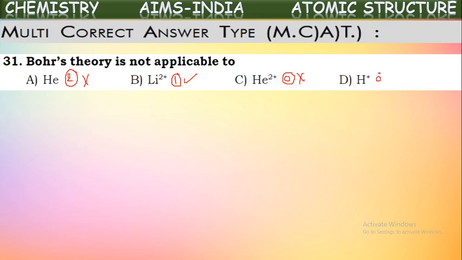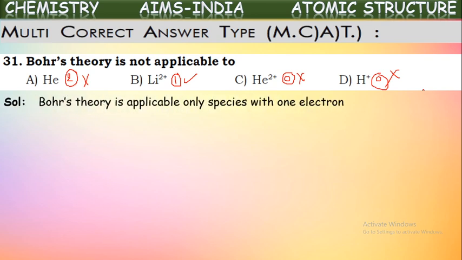It also has 0 electrons. So for this also Bohr's theory is not applicable. Now A, C, D: for these Bohr's theory is not applicable. Bohr's theory is applicable only for species with 1 electron.